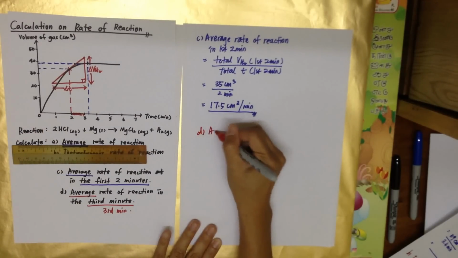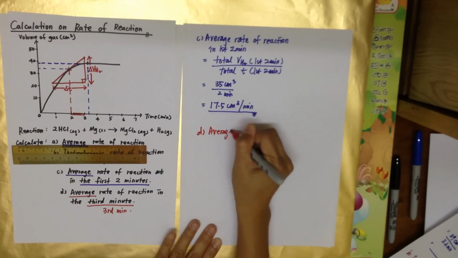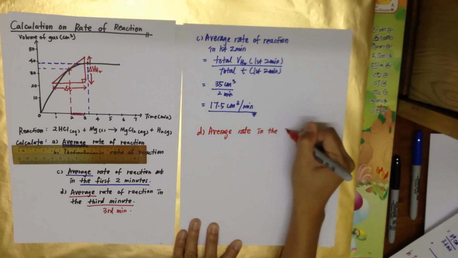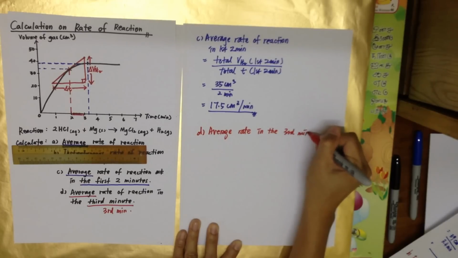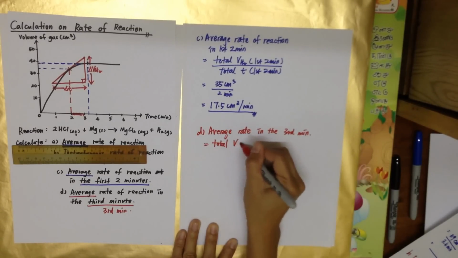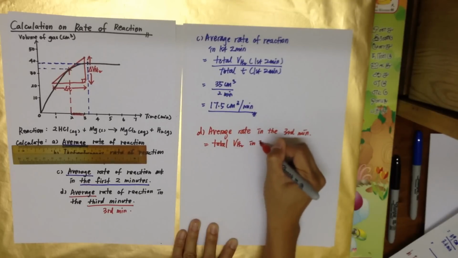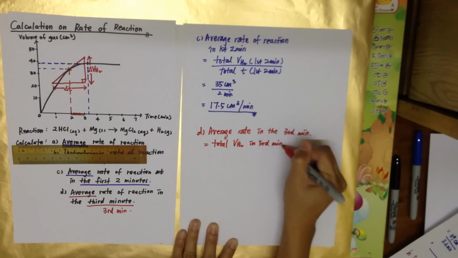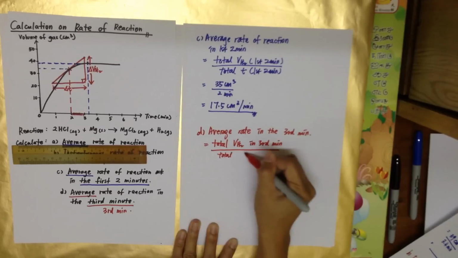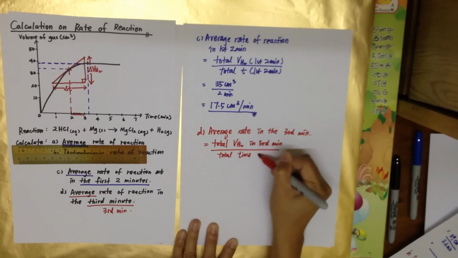So the same goes for the application of the average rate of reaction in the third minute. It equals the total volume of hydrogen in the third minute divided by the total time, third minute.